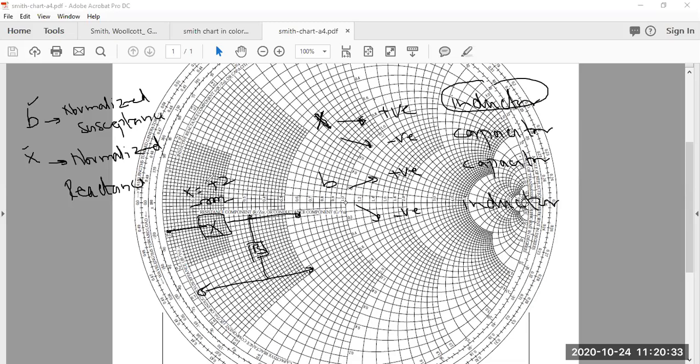And in case X is a negative number, let's say -3, it means at this position you will use a capacitor. Similarly, if the value of B is positive, then you will use a capacitor over here. And if the value of B is negative, let's say -2, then you will use an inductor over here. So this is something that you should be familiar with. And we will continue with this example, the example that we are solving. We will further solve this example in the next session. So let me move to the next session.